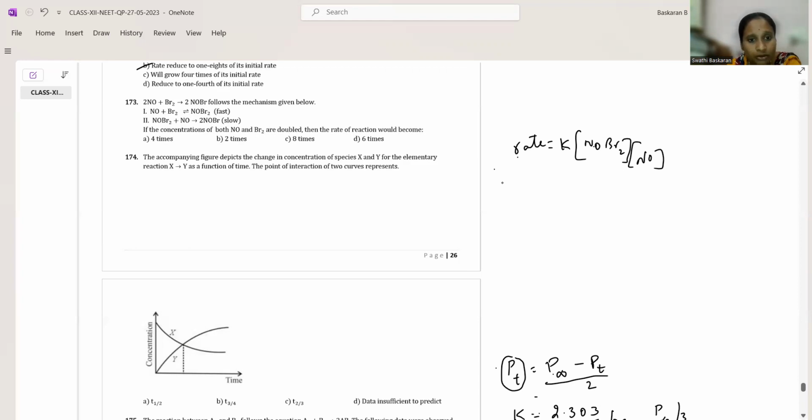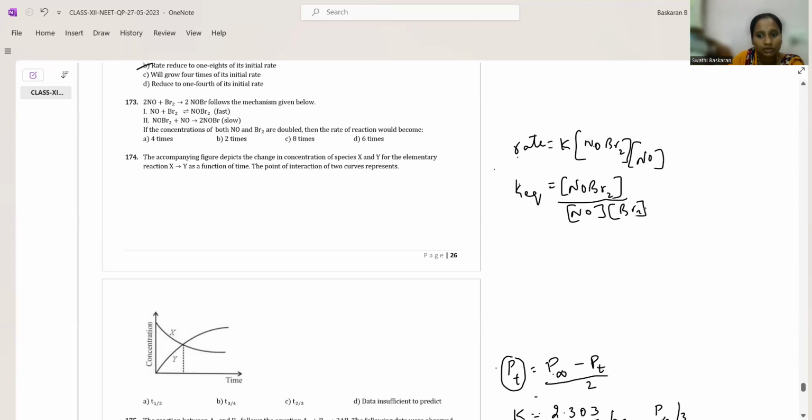According to that concept, we will define the equilibrium value for this reaction. K equilibrium is equal to the product concentration, that is NOBr2 of the fast reaction, divided by the concentration of NO and the concentration of Br2.